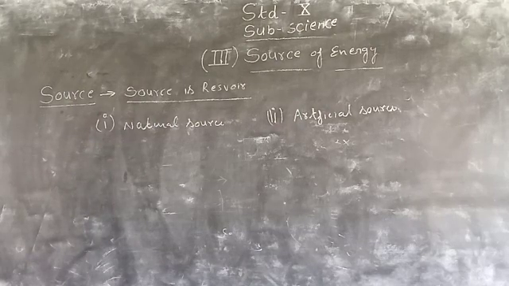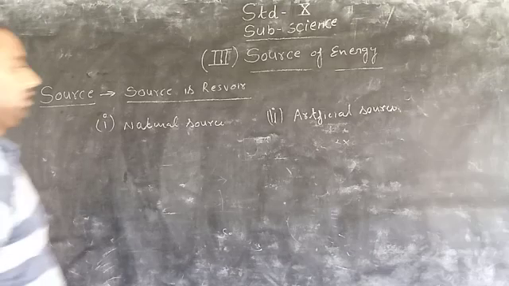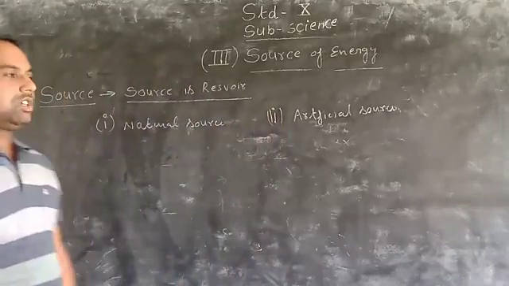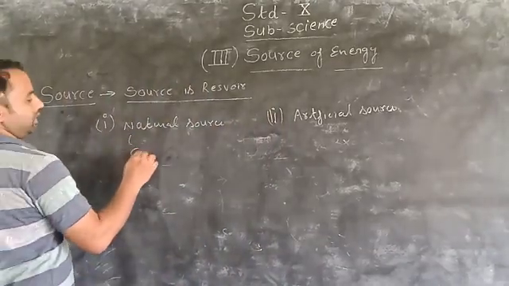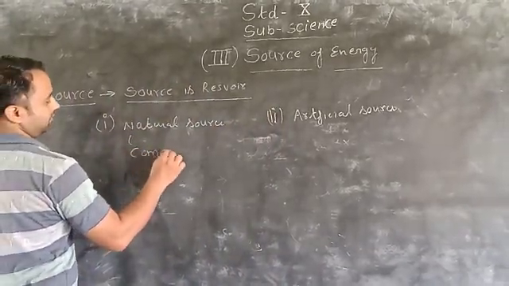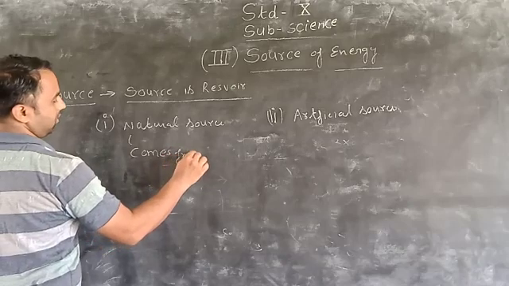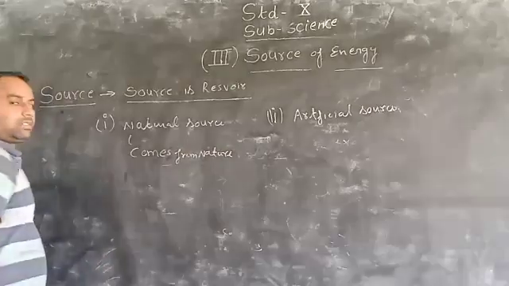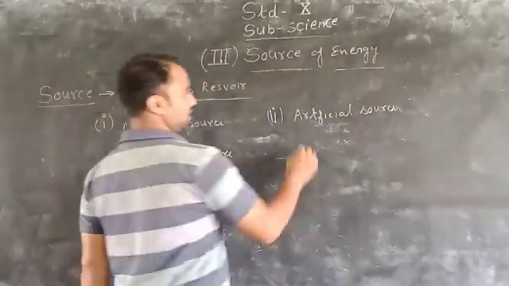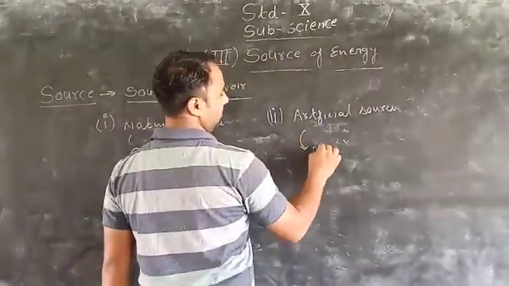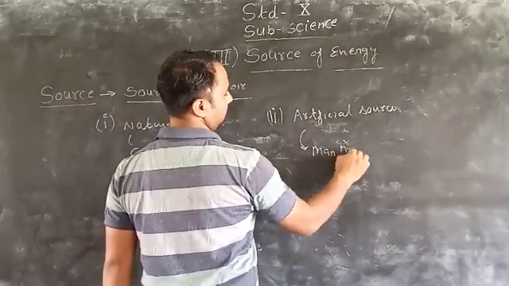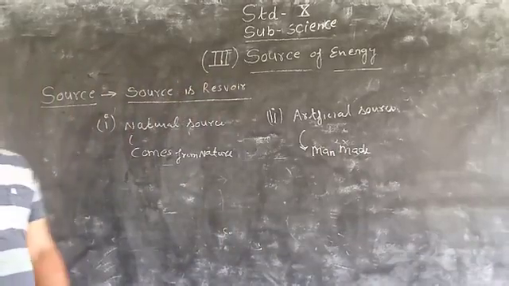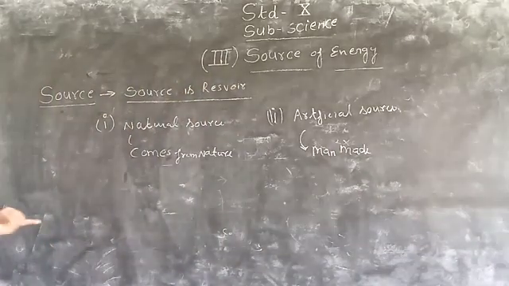The basic difference between natural resources and artificial resources: natural resources come from nature, and artificial ones are man-made.